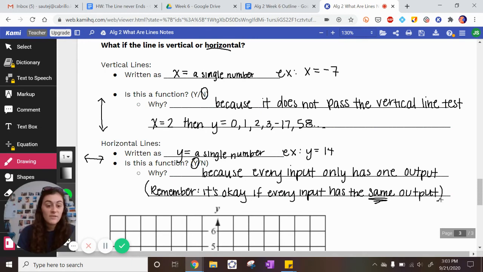The definition of a function is each input needs one output, but it does not matter if each input in our graph has the same output, which a horizontal line you would totally have. At x equals 2, y might be 3. At x equals 2,000, y would still be 3.